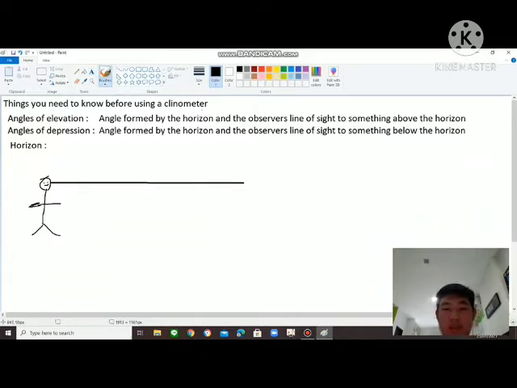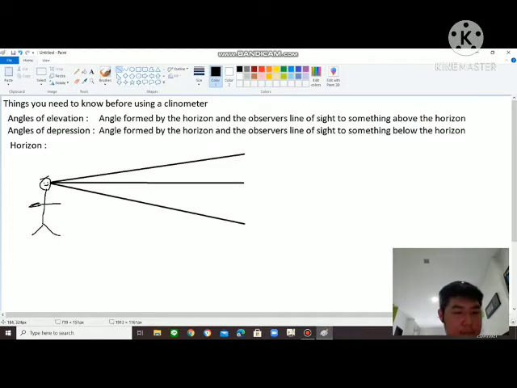Now, what does this mean? Let's say there are two things, one above and one below you, and you want to look at them. When you tilt your head up or down, your line of sight changes from this horizontal line to this one when you're looking up, and this one when you're looking down.